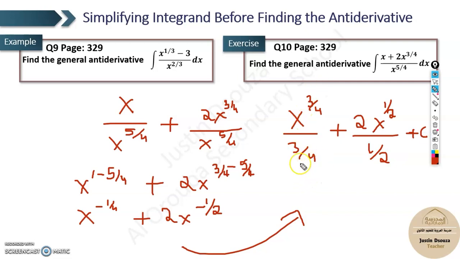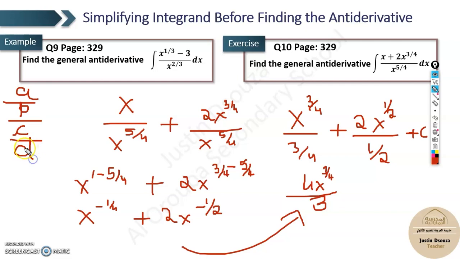Now you can rearrange and write this as 4x^(3/4) divided by 3. So just remember, whenever there is a fraction in the denominator of a fraction, it goes up to the numerator. Okay, so I'll write a/b divided by c/d.